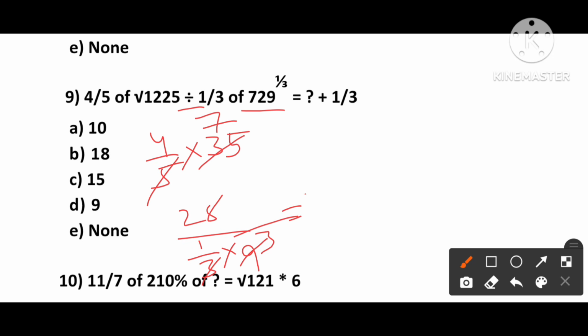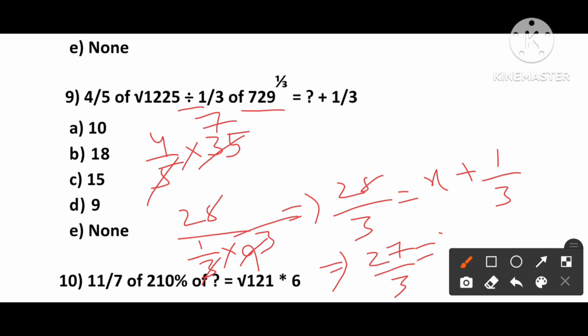So what we have in the denominator we have is 28 divided by 3 equals to x plus 1 divided by 3. 1 divided by 3 goes on the other side. What we have is 28 by 3 minus 1 by 3. So we have 27 divided by 3 equals to x. So x value we got is 9. So answer will be 9. Option B is the answer for this question.